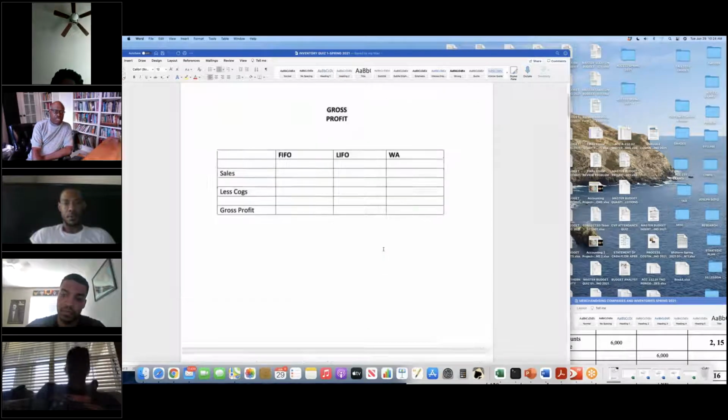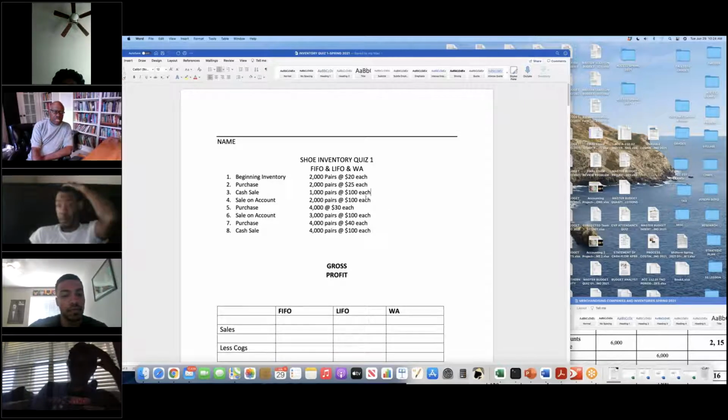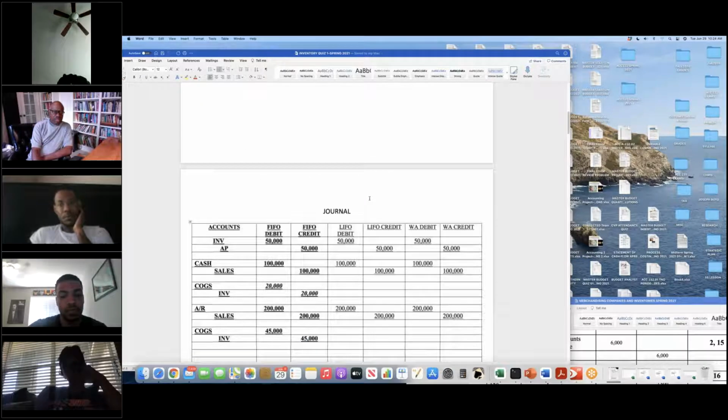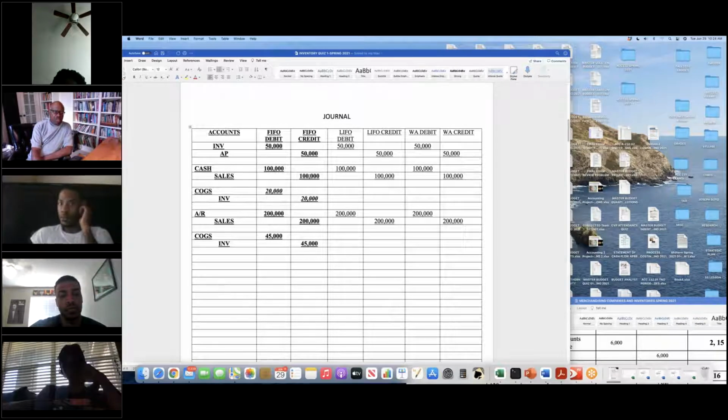And our first sale was a cash sale of 1,000 pairs for $100 each. So now we know we need 2 journal entries. The first journal entry records the sale of $100,000, 1,000 at $100 each.